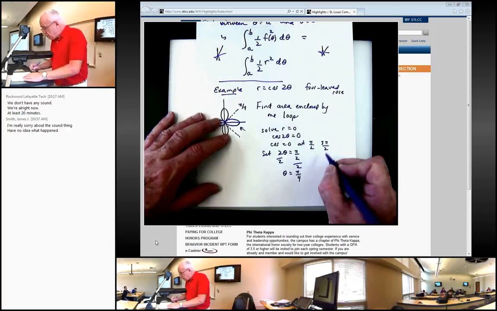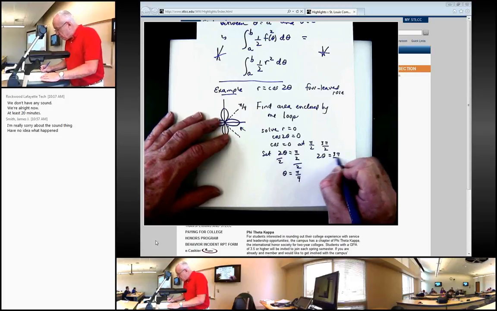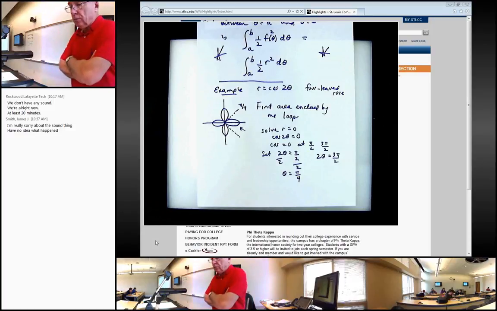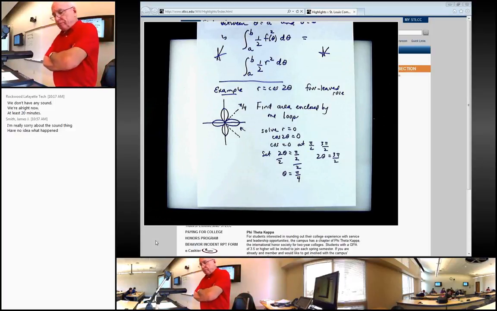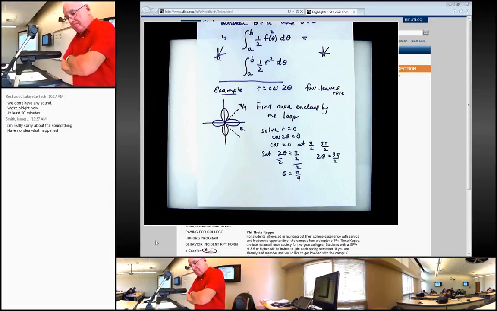Now let's look at 3 pi over 2. So we have 2 theta equals 3 pi over 2.